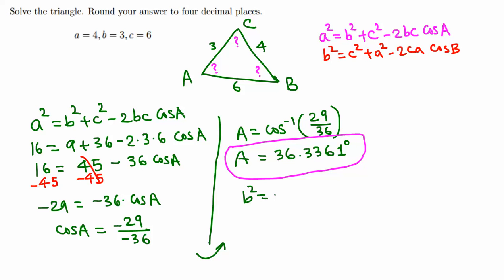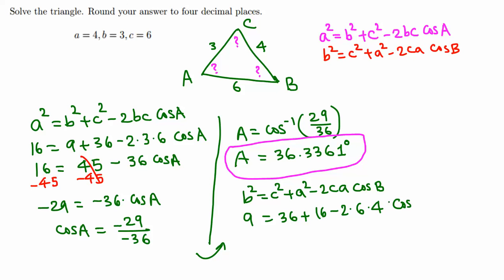B is 3, square 9, equals C is 6, square 36, plus A is 4, square 16, minus 2 times 6 times 4 cosine of B.